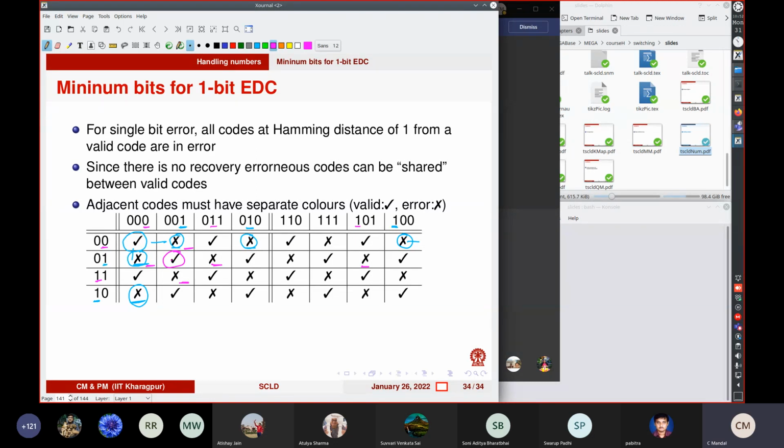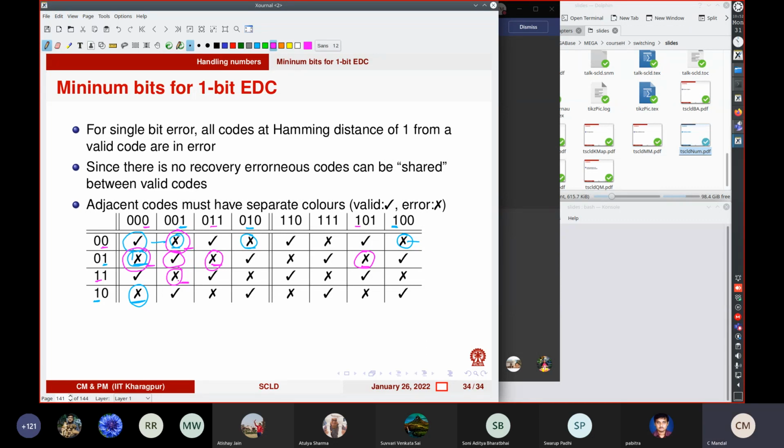Suppose you use this code, then you'll have to exclude all these codes, which are at a distance of 1 if you have a single bit error over there. So these codes become unusable. Of course, some codes were unusable earlier, so there is an overlap of unusable codes. That is all right. Now these codes have become unusable.